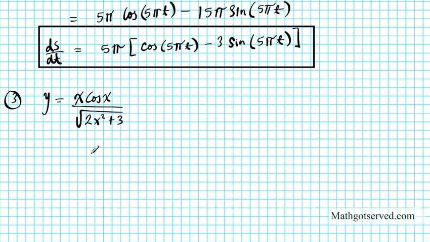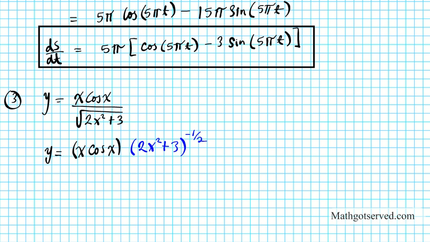So is there a way I can rewrite this so I can use the product rule? Absolutely. I can write this as y equals x cosine x times the square root of 2x squared plus 3, which can be rewritten as 2x squared plus 3 raised to the negative 1/2.